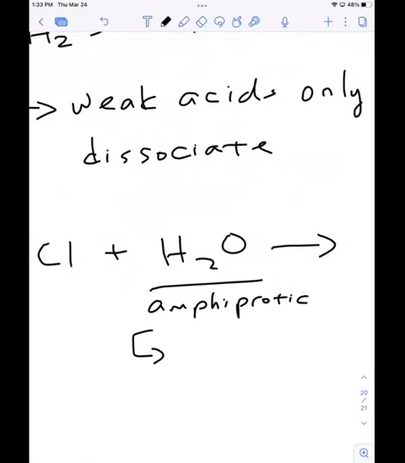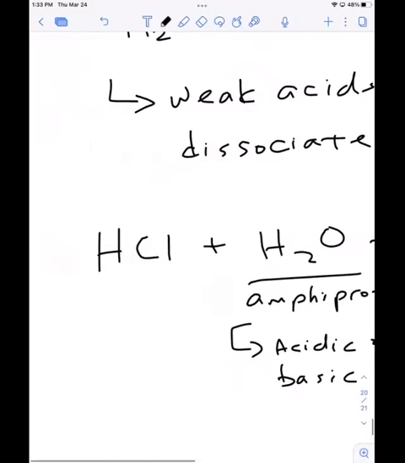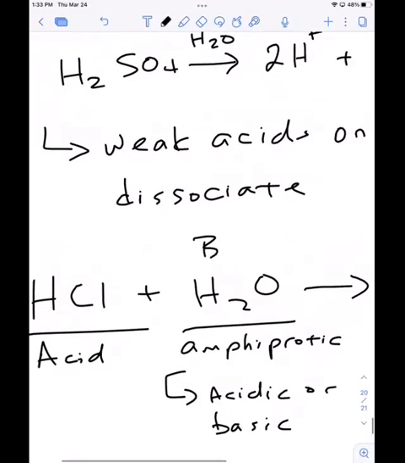What that means is that it can be an acid or a base, depending on the conditions. So it can act as either or. But in this case, with HCl as my acid, water is going to act as my base.